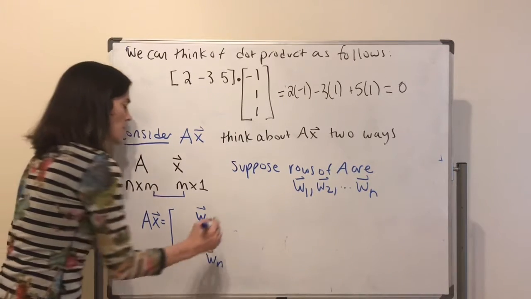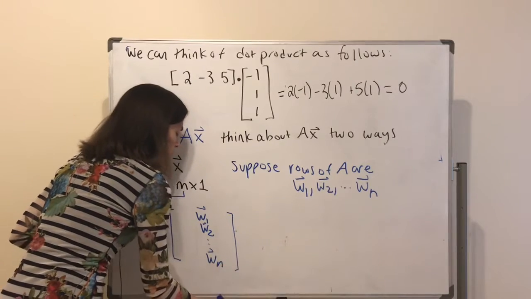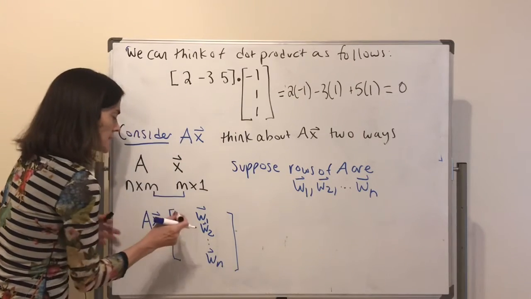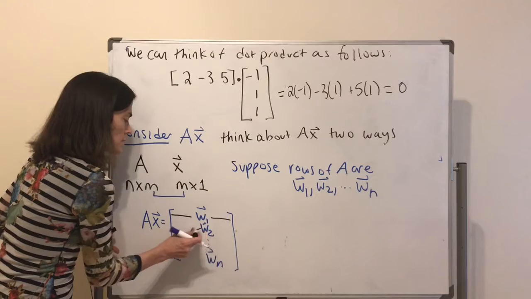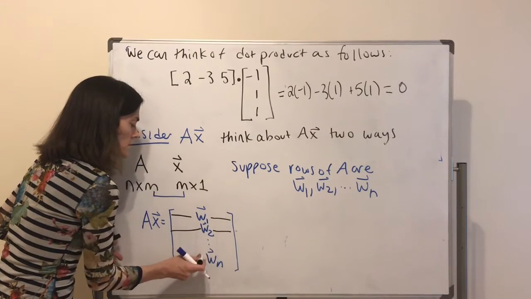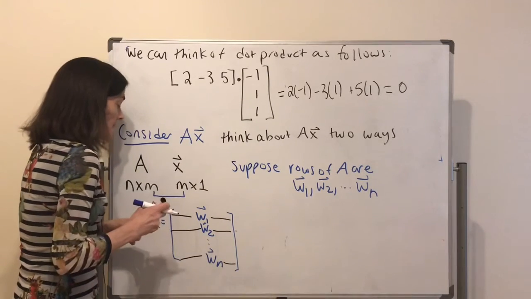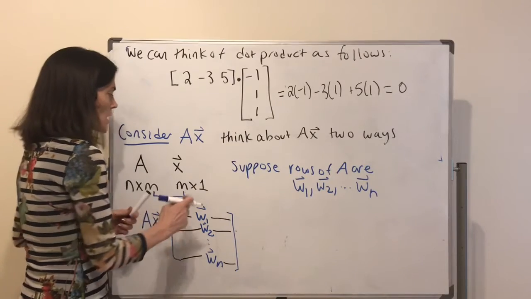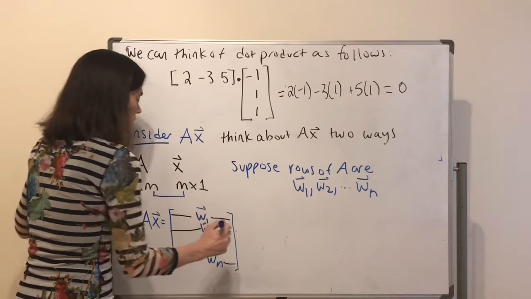N rows, M columns, very nice. Now each of these is a whole row, so I will denote it like this. And then I have this vector x, which is m by 1.